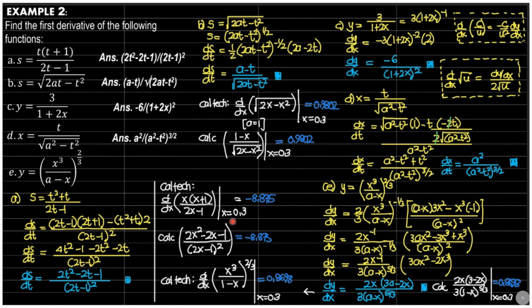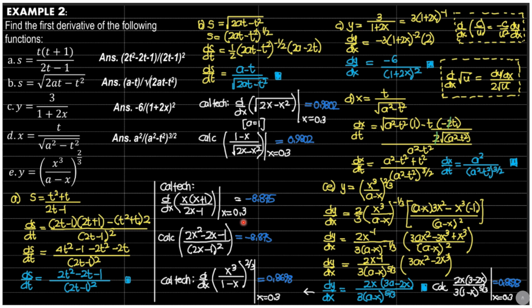We evaluate it at, let us say, x equals 0.3. You can assign any value here. I suggest not a whole number, and make sure that the denominator will not give us 0 when we assign a value. It will display math error on your calculator if that's the case.